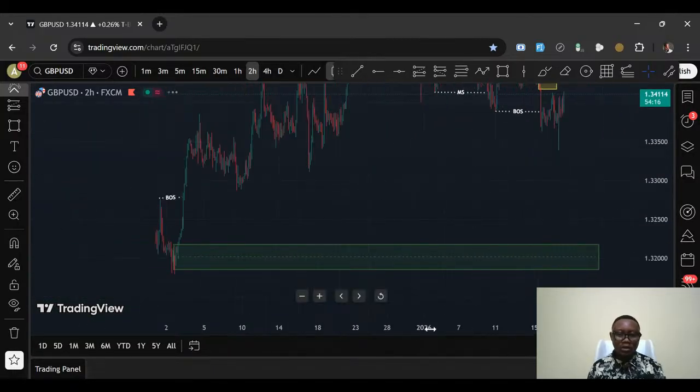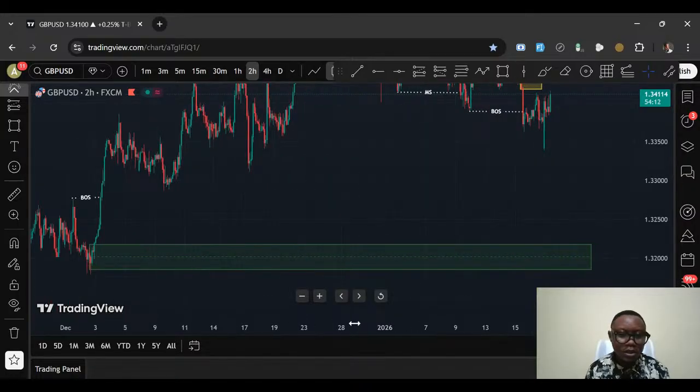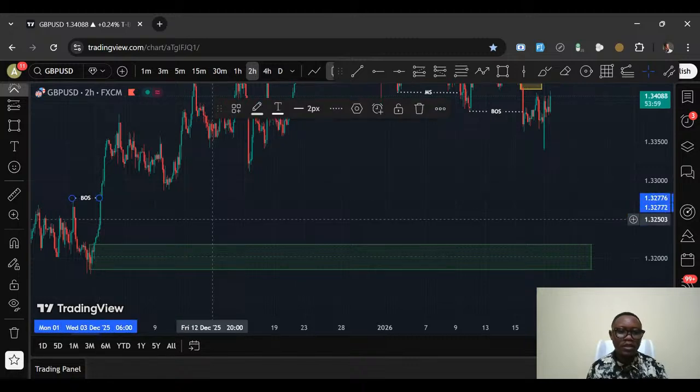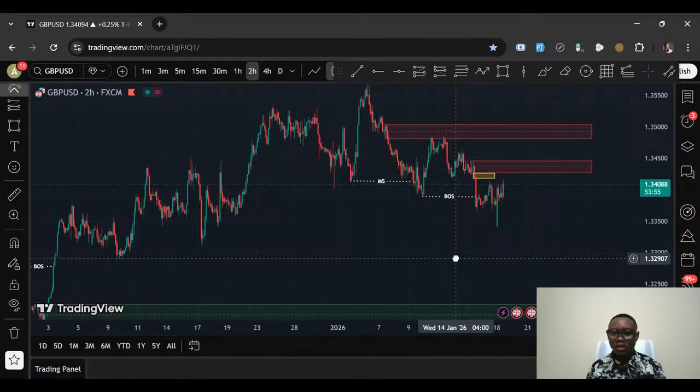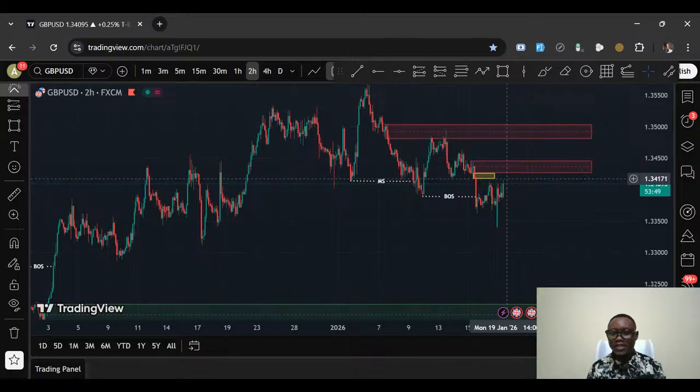Before we drill down further, let's see if there are other blocks that we are missing. This has been mitigated, and so this is the only one that is still unmitigated, this one right here. All right, let's refine this further. Already, as you can see, price is reacting at the FVG of this other block.